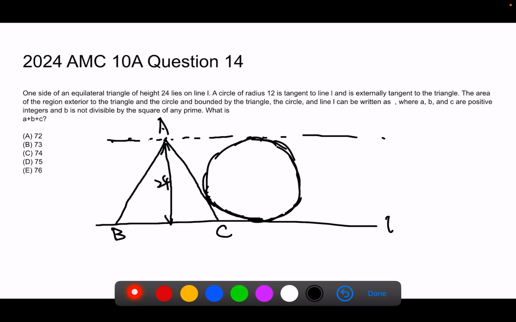And try your best to draw the circle. So radius is here. It's going to have one point, another point. Radius is 12.